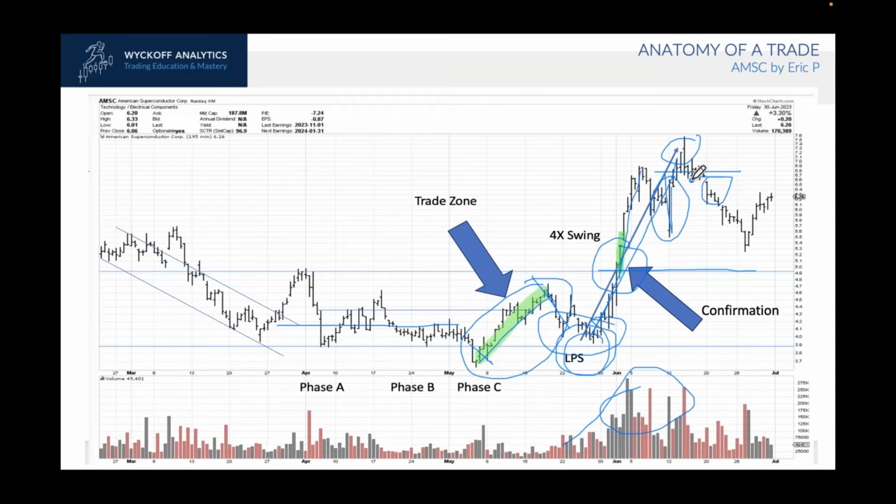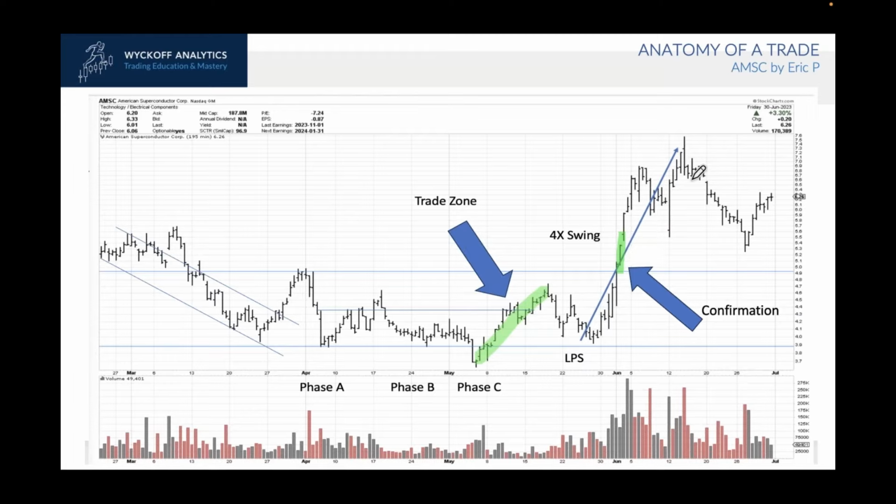Sure. I just think it's a really interesting point that you make there, Eric, that we want to recognize the whole volume structure of our consolidation ranges, because typically in phase A and B at the beginning, there's a high amount of volume activity where buyers and sellers are changing the ownership.